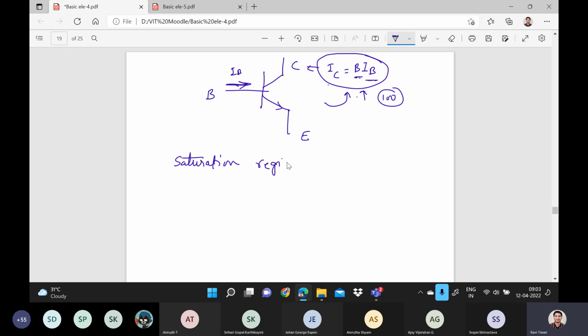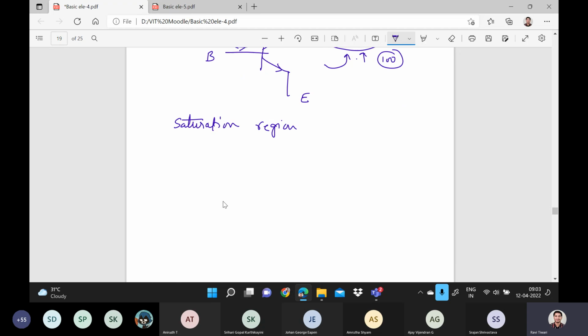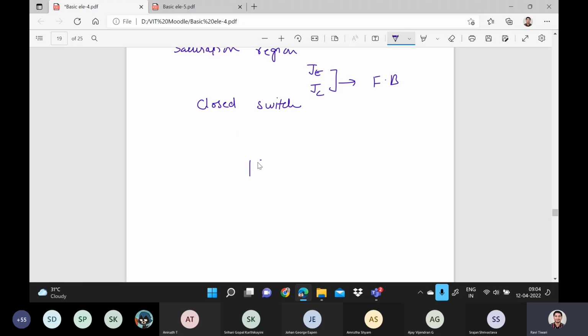In the saturation region, as I told you, both the junctions, the emitter junction and the collector junction, will be forward biased. And in that case, the transistor will behave as a closed switch. That means if I draw a transistor, and this is the IB current flowing, this is the IC, and this is the IE.